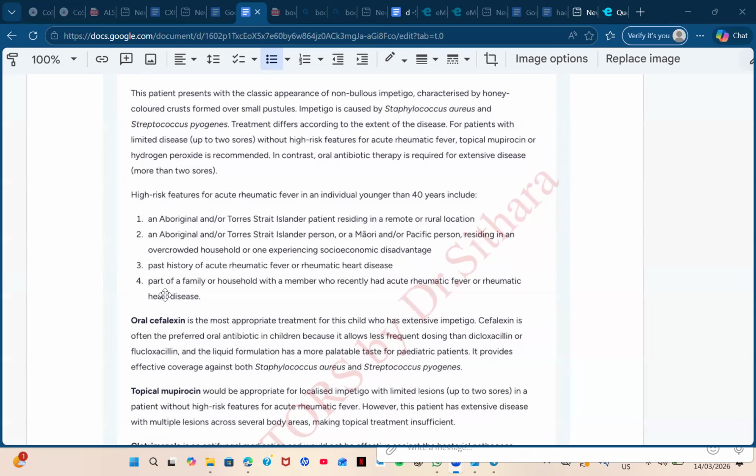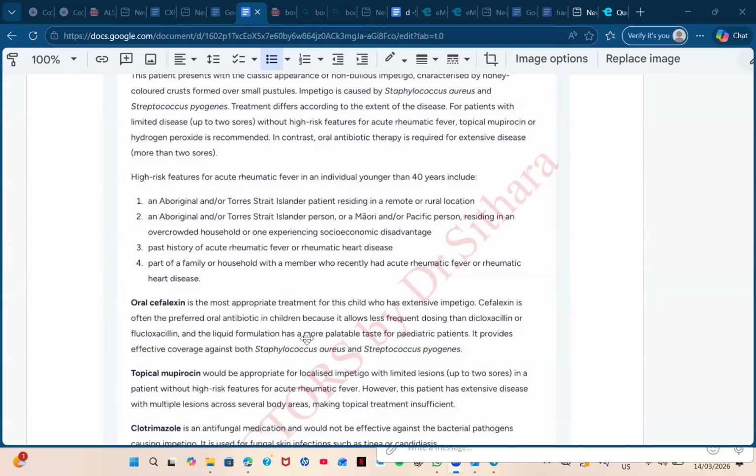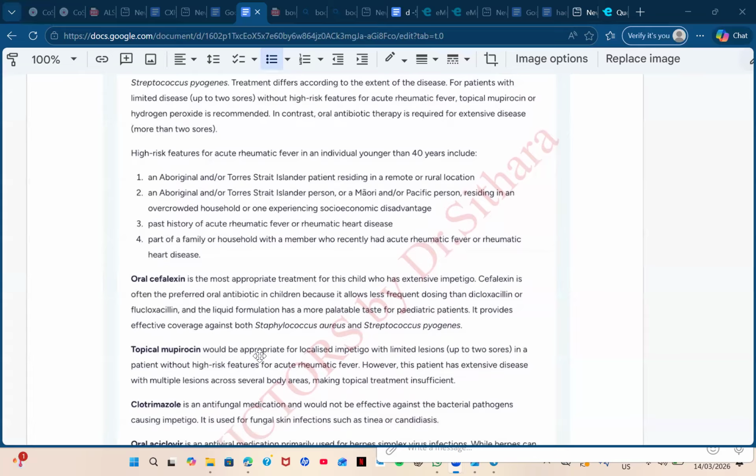So oral cephalexin is the most appropriate treatment for the child who has extensive impetigo. Cephalexin is often the preferred oral antibiotic in children because it allows less frequent dosing than dicloxacillin or flucloxacillin, and the liquid formulation has a more palatable taste for pediatric patients.